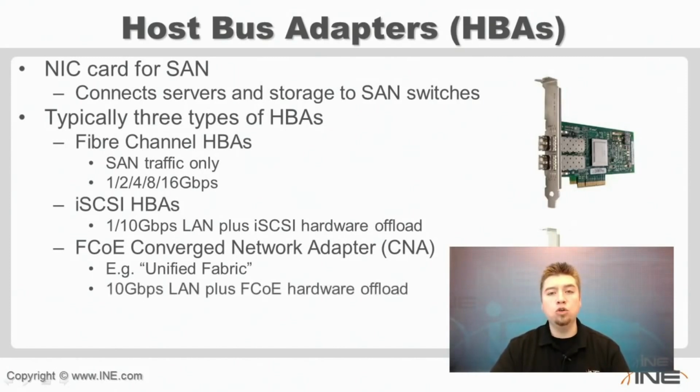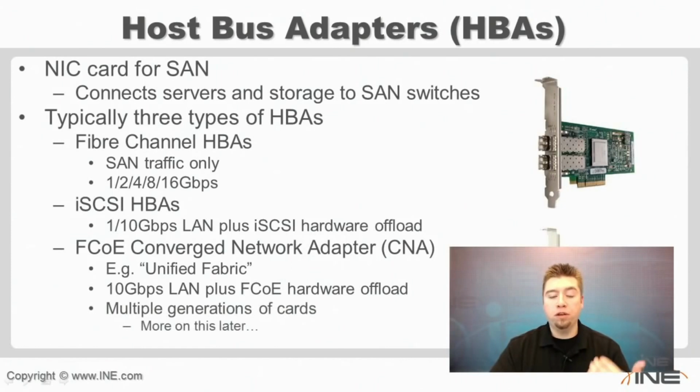So these CNAs do a hardware offload of the FC traffic on top of Ethernet, but when we actually get into the implementation, there are some considerations. What is the particular generation of the card?